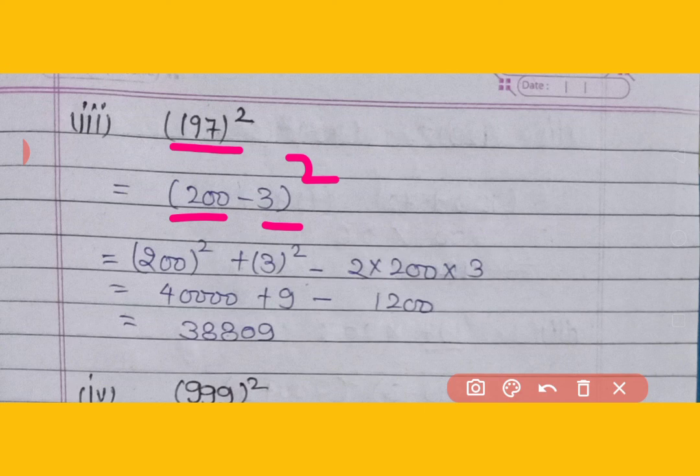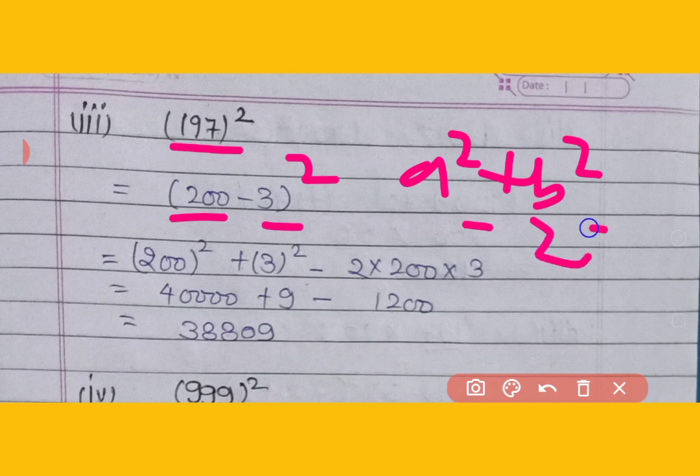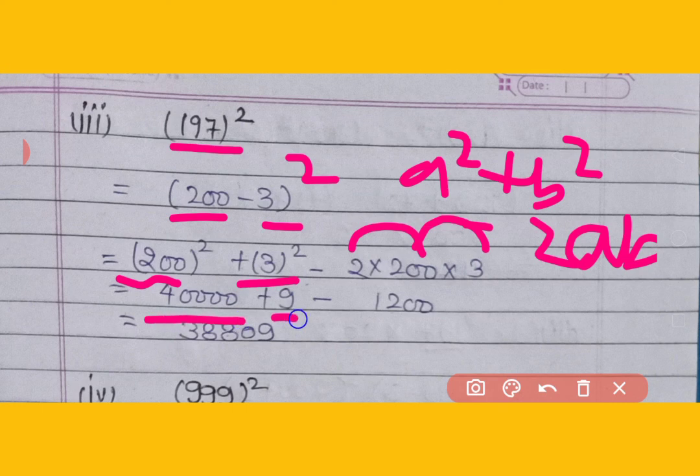So we will follow the formula a square plus b square minus 2ab. So a square means 200 square, b square means 3 square, and 2ab means 2 multiplied by 200 multiplied by 3. So 200 square is equal to 40,000, 3 square is equal to 9, and 2 multiplied by 200 multiplied by 3 became 1200.